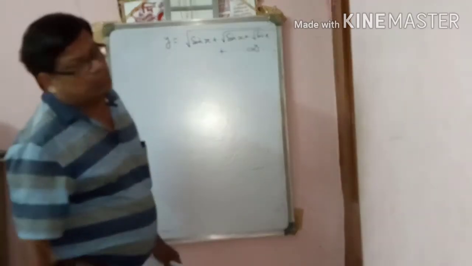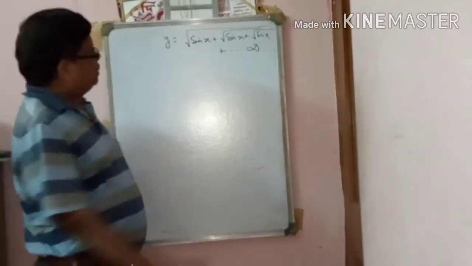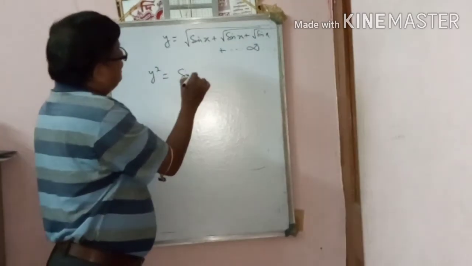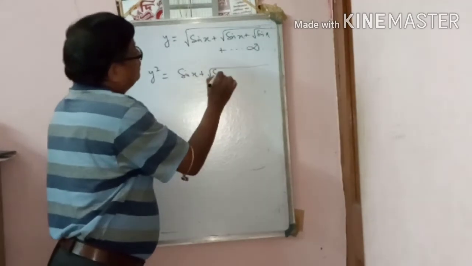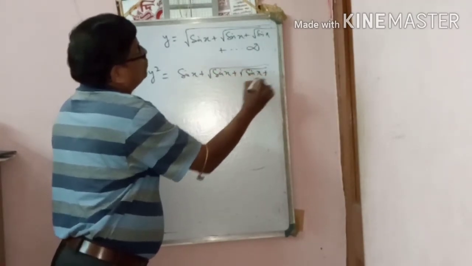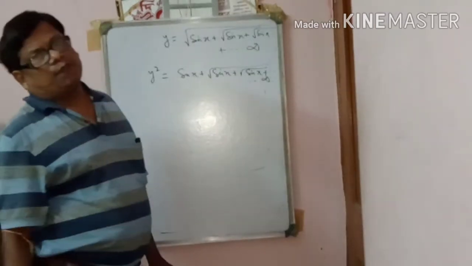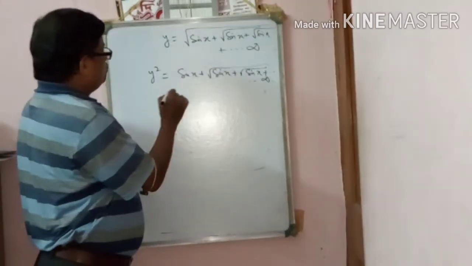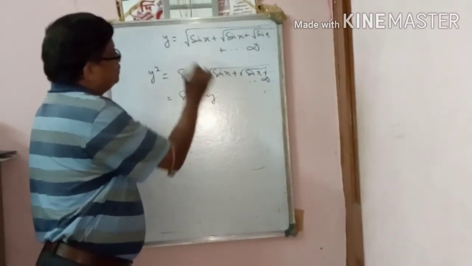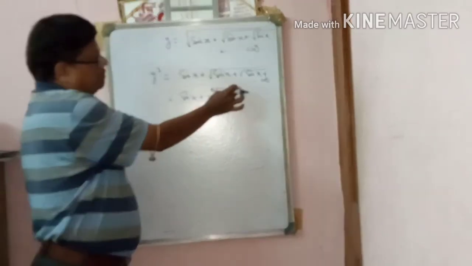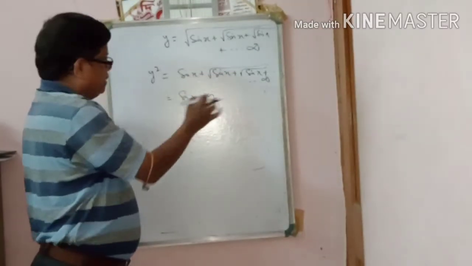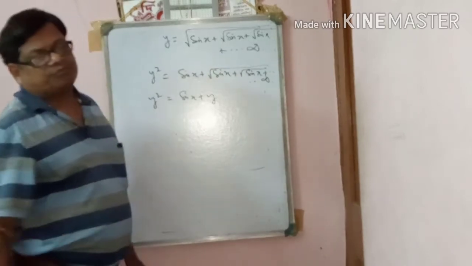First, squaring both sides, y square equals sin x plus root under sin x plus root under sin x plus up to infinity. The same part repeats, and this part is y.